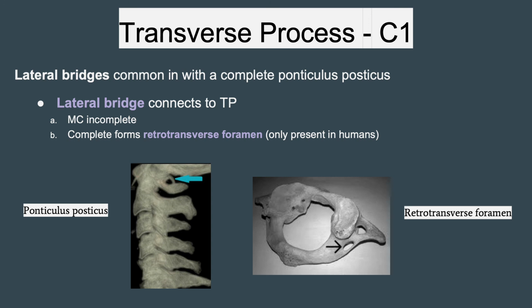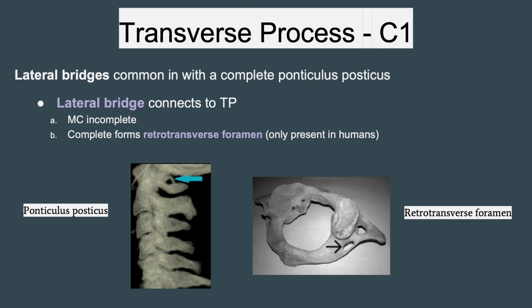More on the TVP of C1. Know that those lateral bridges can form there, and they're connections between the lateral mass and the TVP. In those diagrams, on the left, that's a complete ponticulus posticus, so you would see an arcuate foramen.